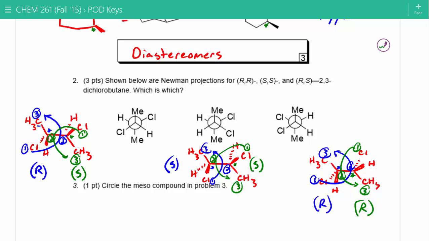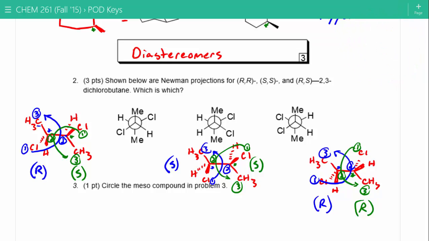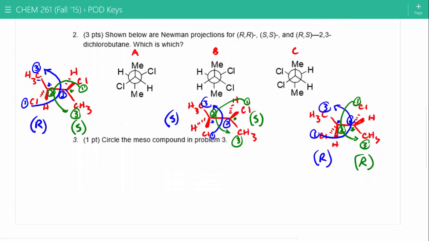First one. Ah, this one's tricky. So let's take a look at this. I'm going to label this one as compound A, B, and C. Let's imagine A doing a rotation. So what I'm going to do is I'm going to take this methyl group, I'm going to rotate it all the way over here.